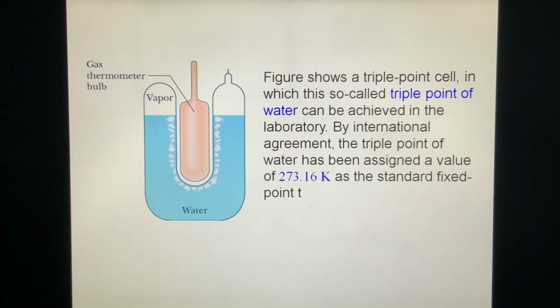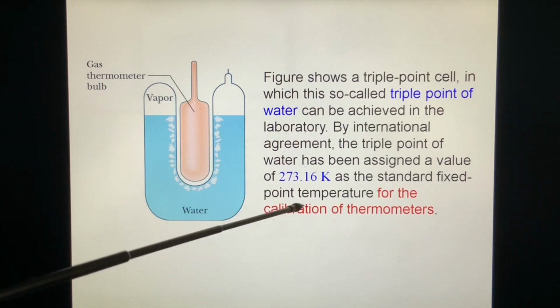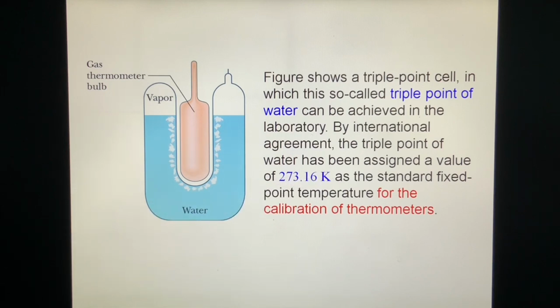By international agreement, the triple point of water has been assigned a value of 273.16 Kelvin as the standard fixed-point temperature for the calibration of thermometers. The pressure is 0.61 kilopascal.